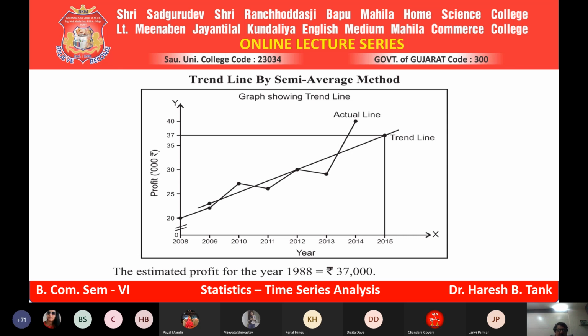You omit the middle point, or else nothing else needs to be thought of. Do the same process as you did in the first method. So this is how the trend line is found.